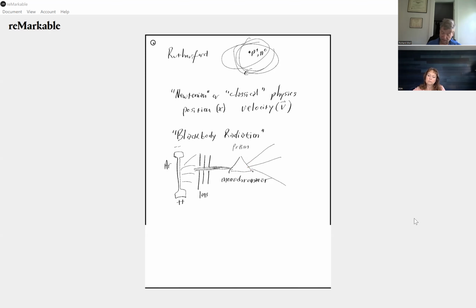And they notice that these colors of light have very specific wavelengths. It's not a continuous wavelength.